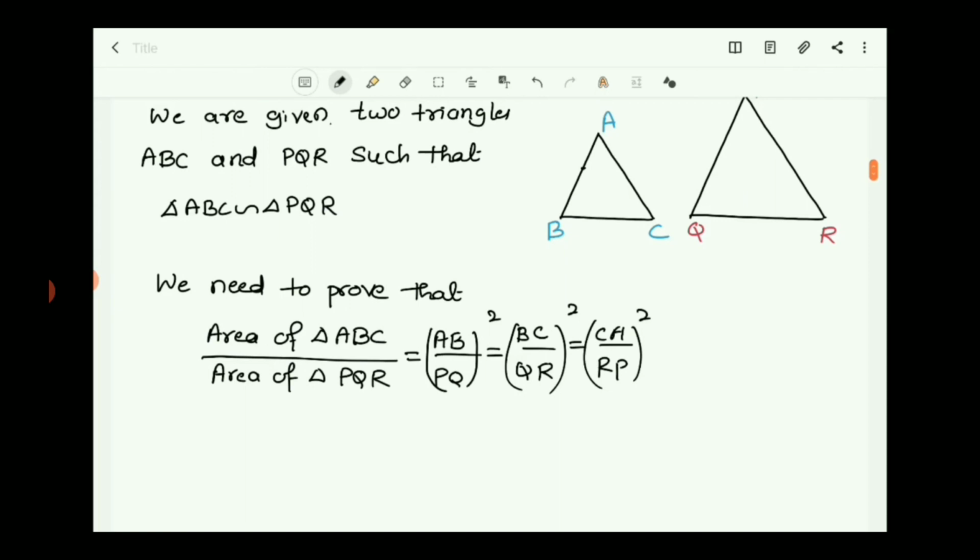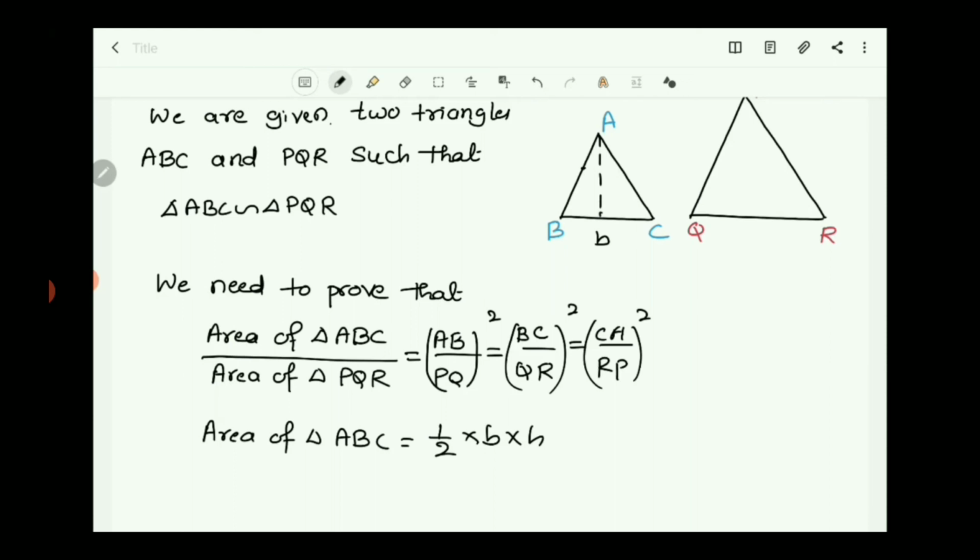So you take area of triangle ABC here. Area of triangle ABC is equal to half into B into H. Here let us have the base BC, and height is required, which means we have to draw the altitude here. So you take the altitudes for the triangles.